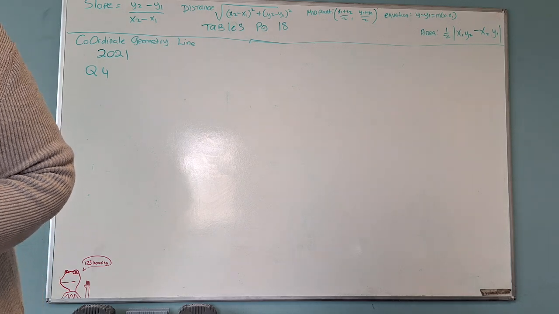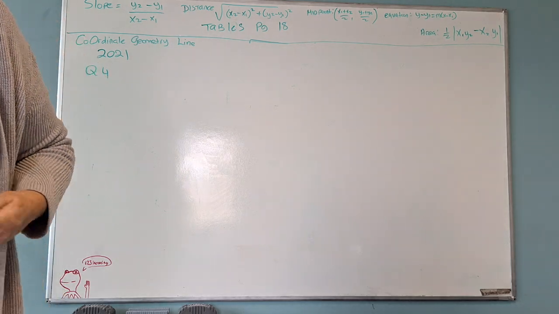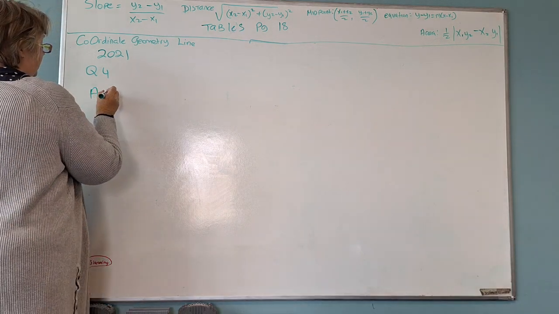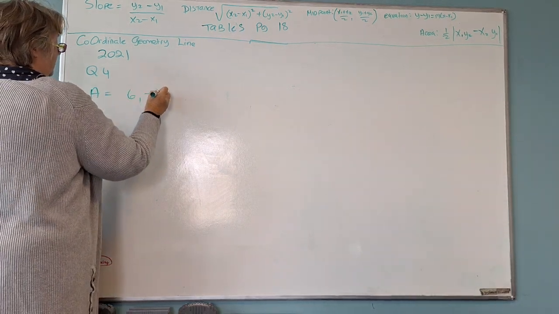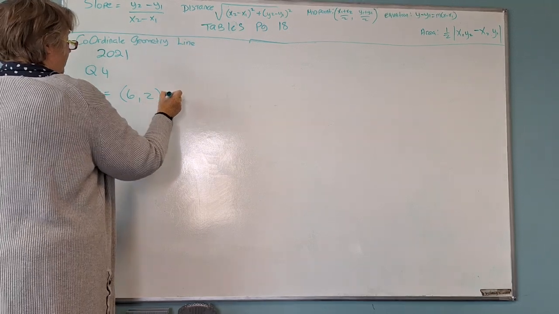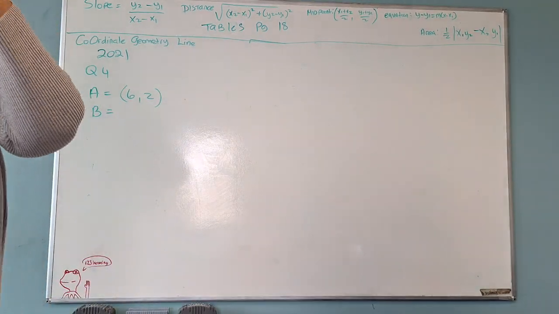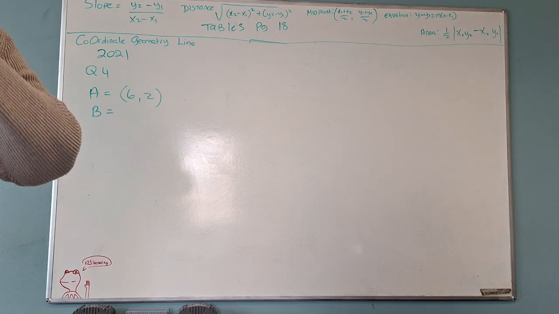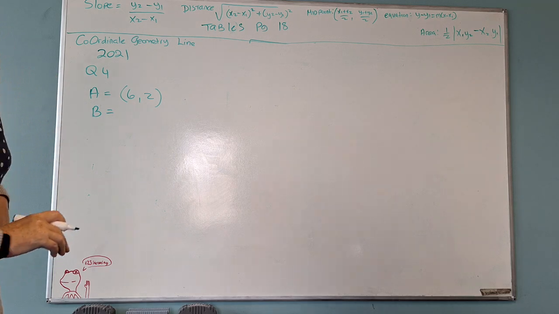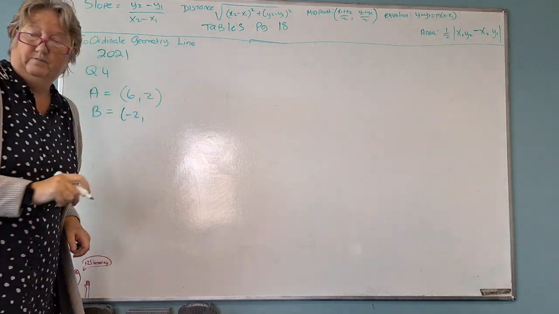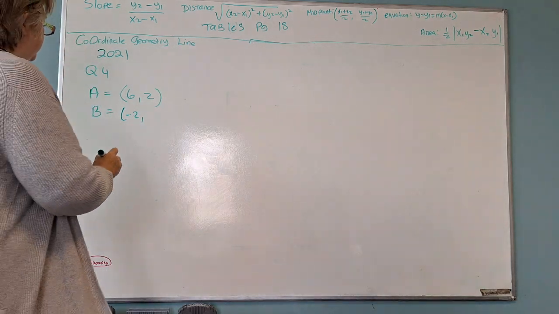Then find the coordinates of the midpoint. So A we said was (6, 2). And B is (minus 2, minus 4).